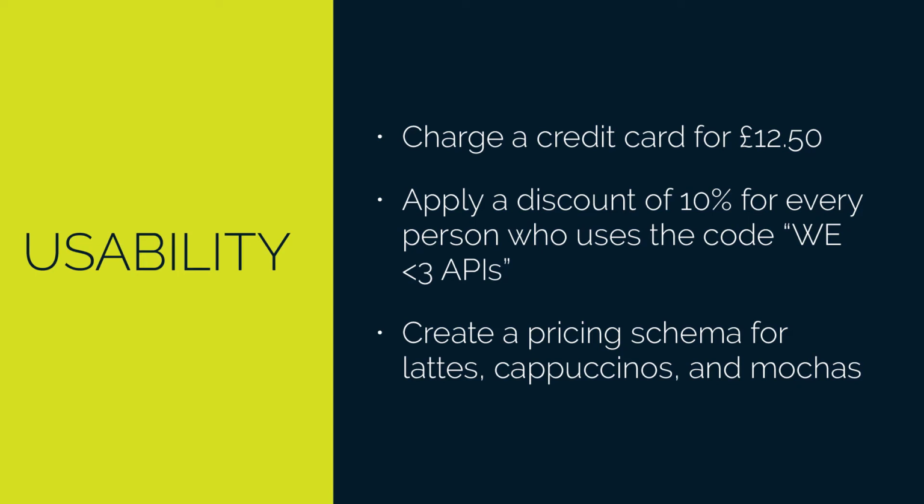So for an example of a moderator guide, you're going to have a task that your developer needs to do, and then you're going to say whether or not they succeeded at doing that task, right? So if you're doing a payments API, charge a credit card for $12.50, apply a discount, create a pricing schema. During this usability test, they're either going to succeed at each of these things or they're going to fail. If they fail, that means that you need to go back and iterate once more.